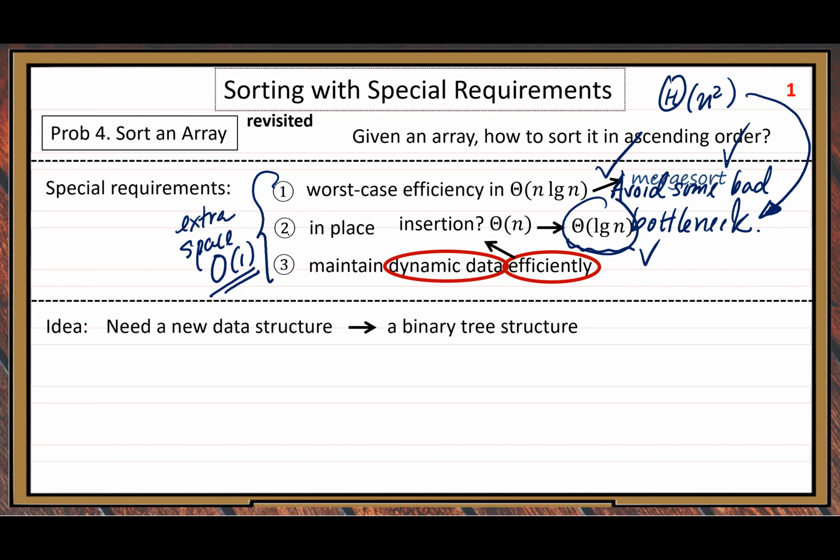All right. The data structure should be a binary tree structure. Why binary tree? Because for the binary tree, we can connect to big theta of log n naturally.